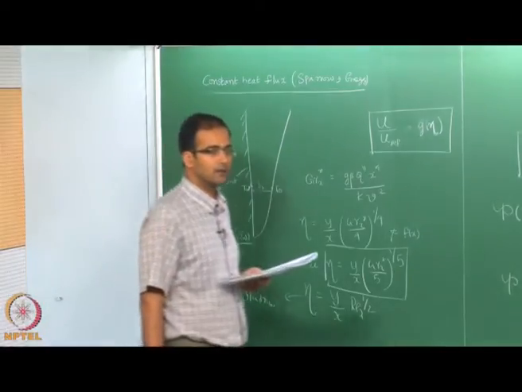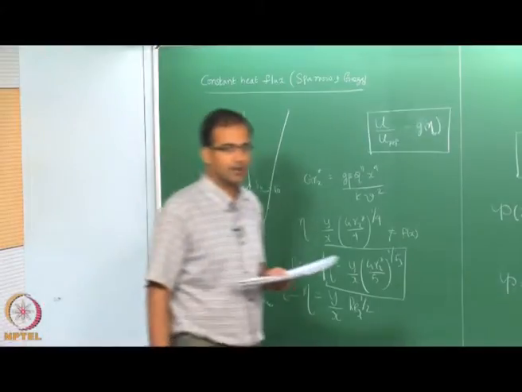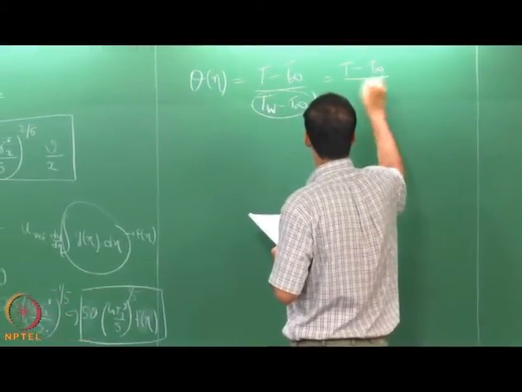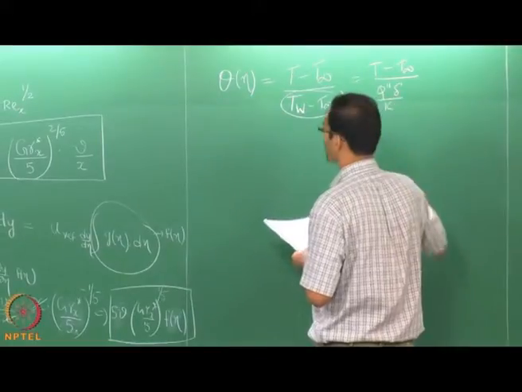Is that okay? So, now the order of delta T is the same as delta, right. So, we can just substitute this as T minus T infinity by q double prime delta by k.